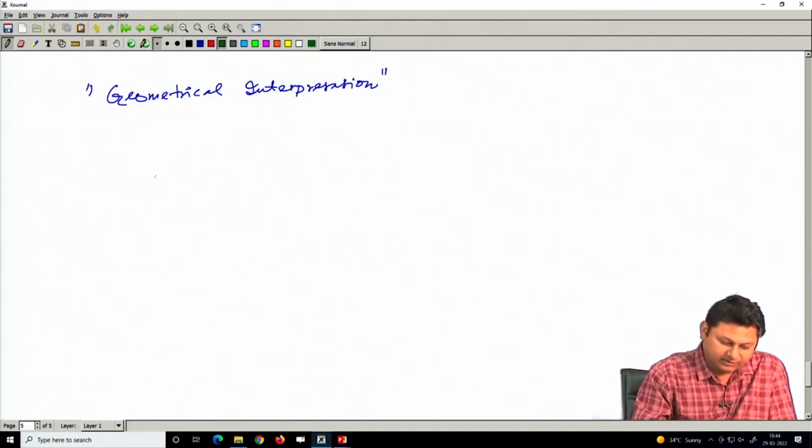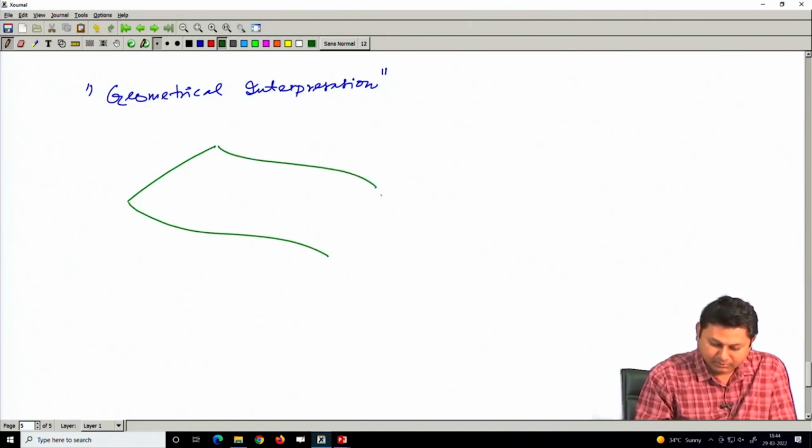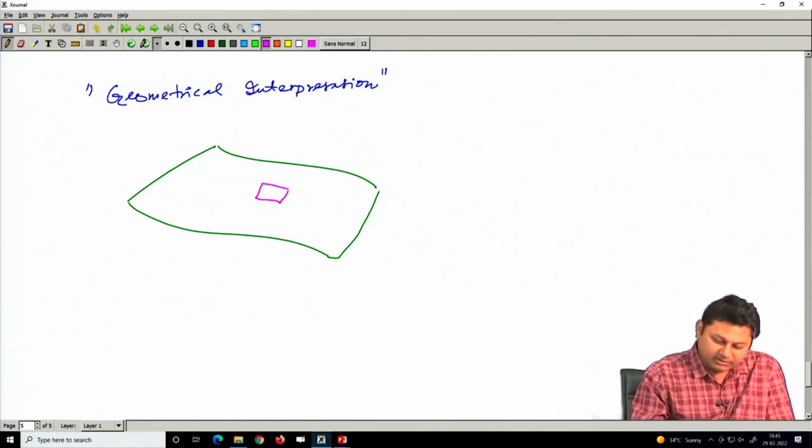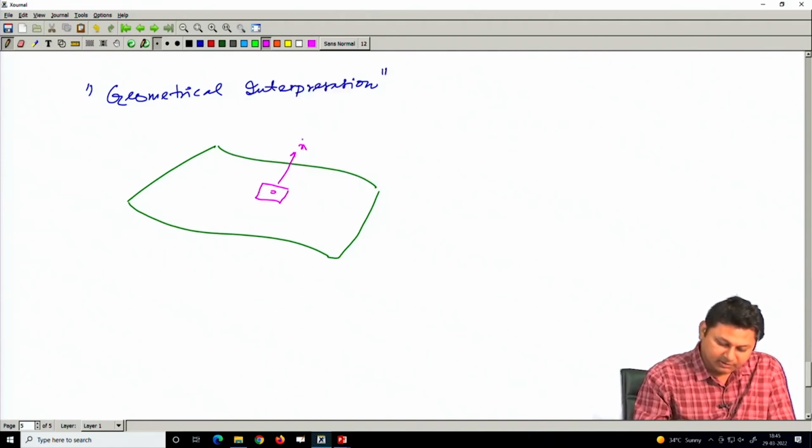Let me have a surface like this, and over the surface I have a tiny surface element, with n along this direction, the unit vector of the surface.